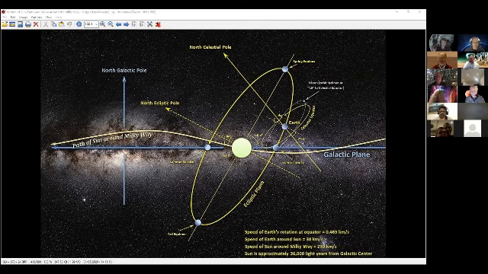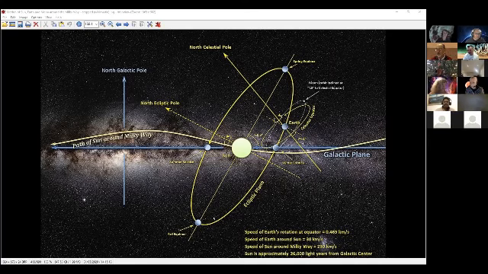Can I also add to this picture, one thing that people don't realize: you mentioned that the solar system goes around the center of the Milky Way galaxy, about once every 250 million years. So we are now where we were when dinosaurs basically first arose on the Earth. The other thing that happens is that the solar system actually bobs up and down as it travels around.